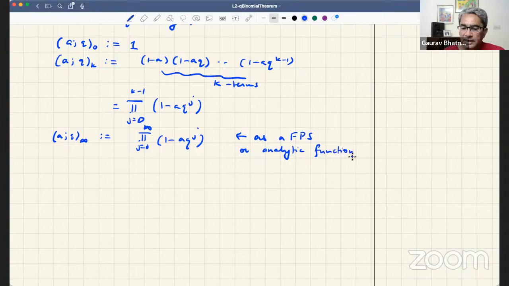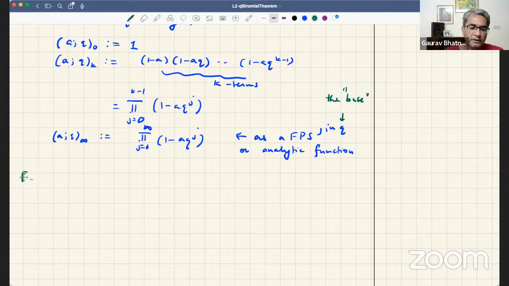We haven't really done how to define infinite products, but we will do at some point. This is in q, and q is called the base. Series associated with such products are referred to as basic hypergeometric series. The base comes from this q.